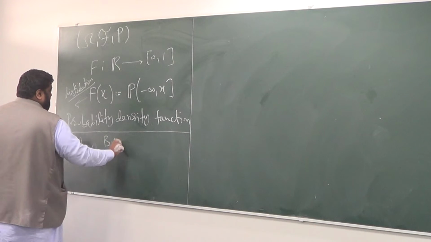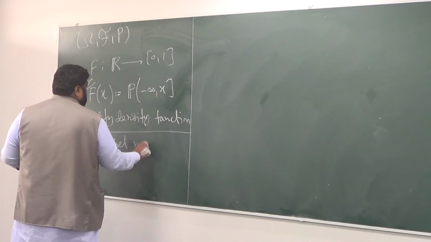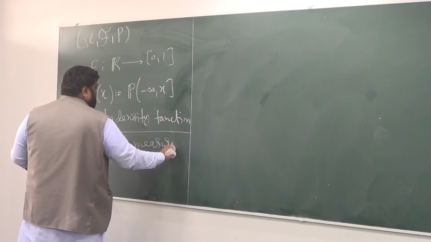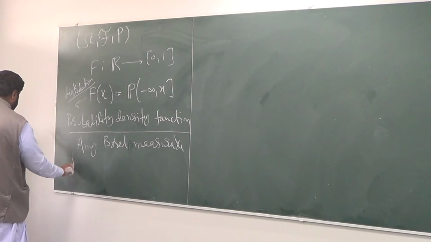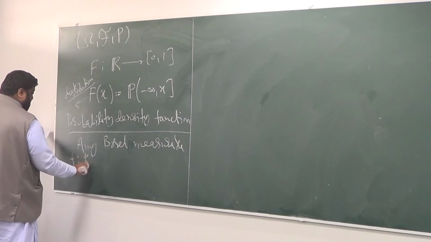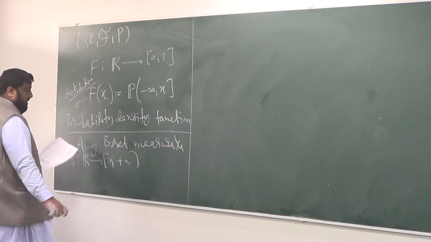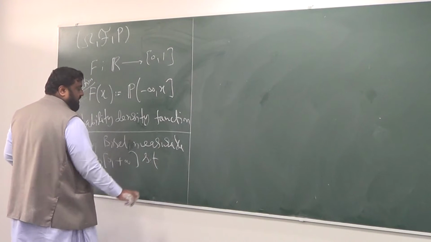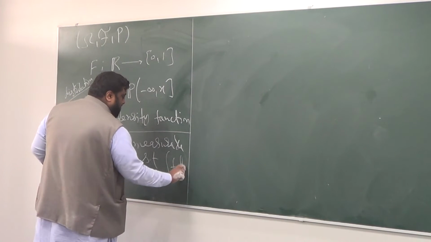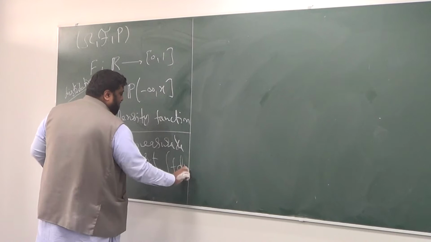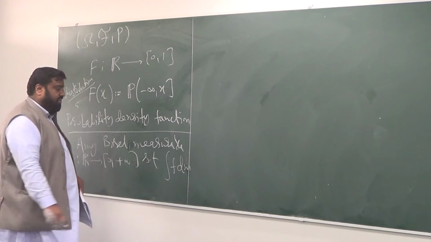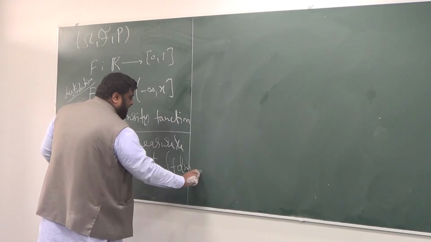Imagine I have a Borel measurable function f from R to [0, plus infinity) such that its Lebesgue integral with respect to the Lebesgue measure over the whole space is 1.